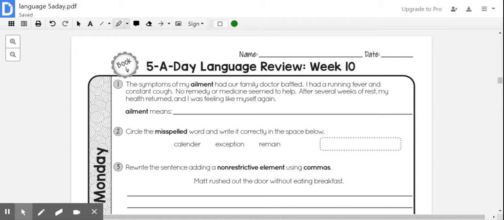So an ailment means what? Well, if we look at how it's being used, it talks about a family doctor, a running fever, constant cough. Okay, symptoms.